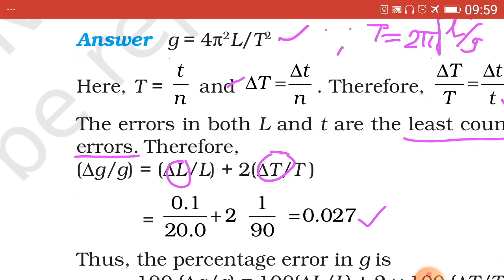Delta G upon G equal to delta L upon L plus, now upon T square is there, so 2 will come in coefficient. So plus 2 into delta T upon T. The constant number 4 pi square has to be eliminated.